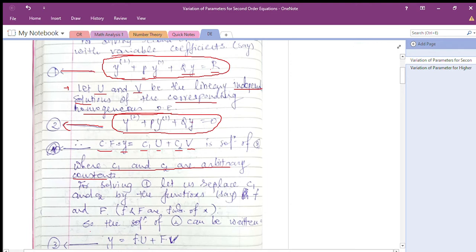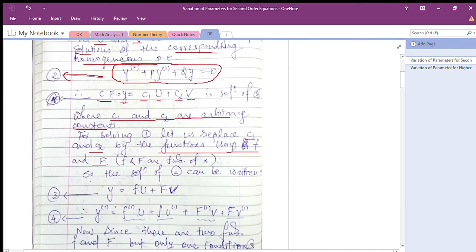Now for solving equation 1, because it has a non-zero value on the right hand side, let us replace c1 and c2 by the functions small f and capital F, where small f and capital F are functions of x.